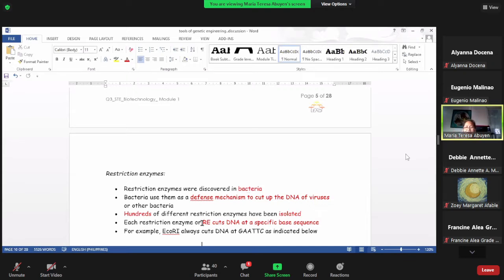Hundreds of different restriction enzymes have been isolated. Each restriction enzyme cuts DNA at a specific base sequence, as I said a while ago.